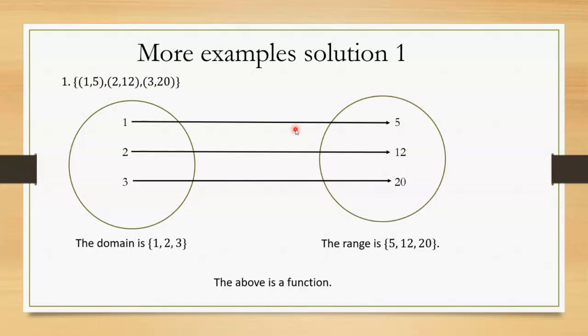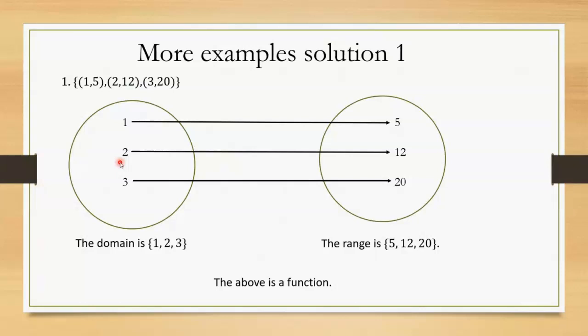Also, we have arrows going from 1 to 5, from 2 to 12, from 3 to 20. I said you had to draw the correspondence diagram, and right away you should be able to see that this is a function. How do we know that? Each input, each domain element, only has one output.